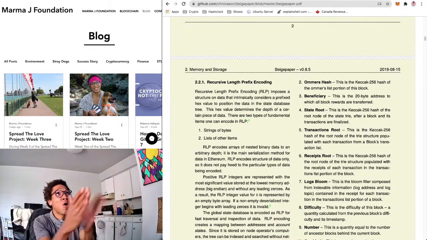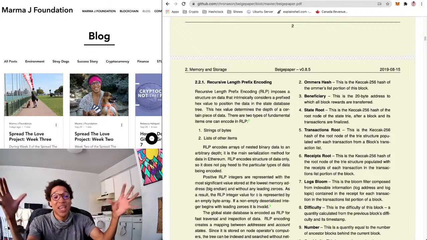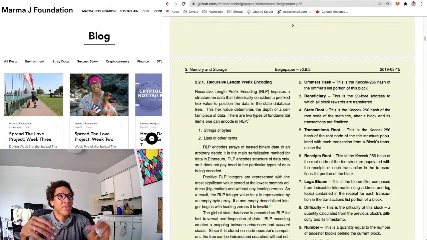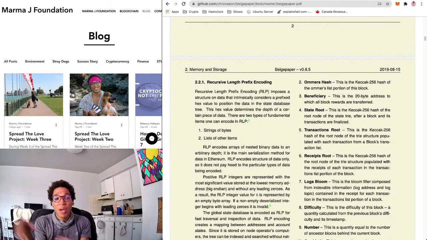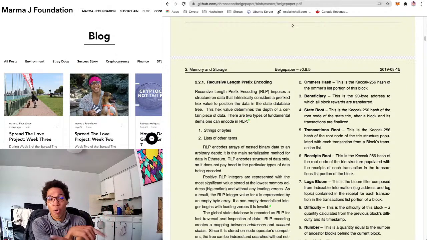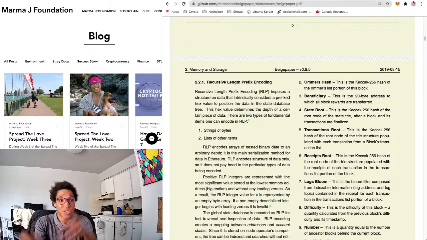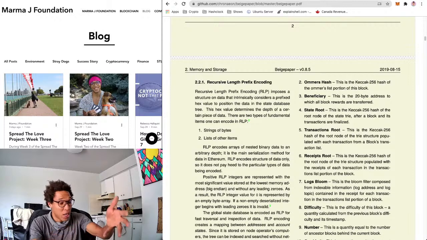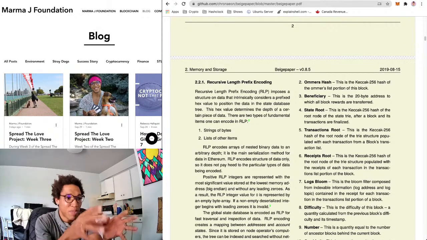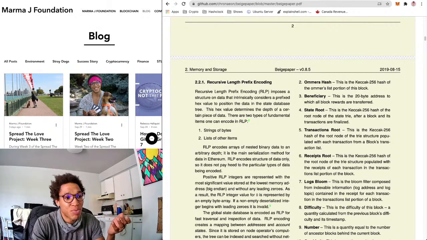As long as you have all the hashes added up together, it'll be the same hash. If you have the word cat and the word ball, and you hash them with Keccak-256, you get some random hash. But whatever order you put ball and cat, you still get the same hash. So this transactions root has all the transactions in that block, and it just wraps them all up into one hash. And you have the receipts root.